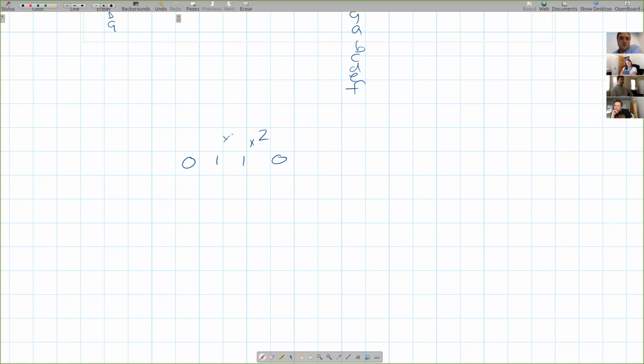Times 2, times 4, times 8. Multiply them up, add them together. So this one, for example, is going to be 2, 4, 0, 0. So if I'm trying to represent this binary number in decimal, it's 6. If I'm representing that number in hexadecimal, it's also 6.